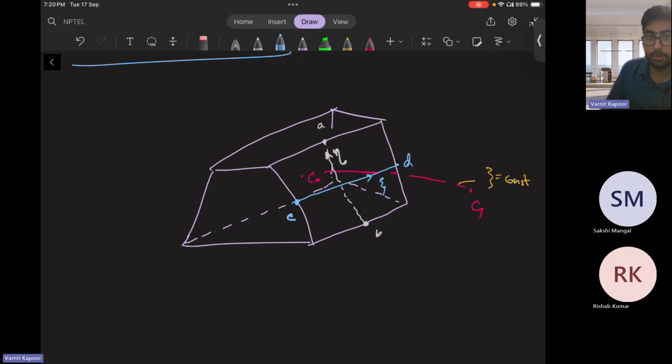Three terms will come. So we have the primary direction. In 2D, we used to have primary and secondary. Here, one more direction will come. And you can say that it can be orthogonal as well, non-orthogonal. So it will have these secondary gradients. Two secondary terms will be non-zero.